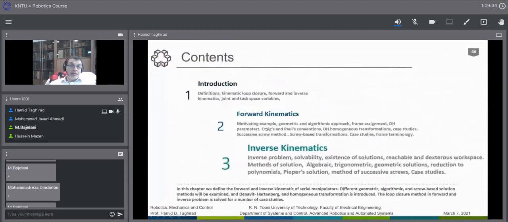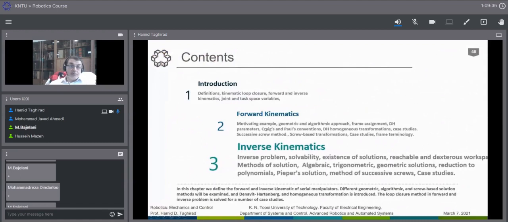Perfect. Now let's go to the second part of the class, which is inverse kinematics for robotic manipulators. We have about 15 minutes, and I will give you some very important hints and clues taken from the minds of many scientists in this field.